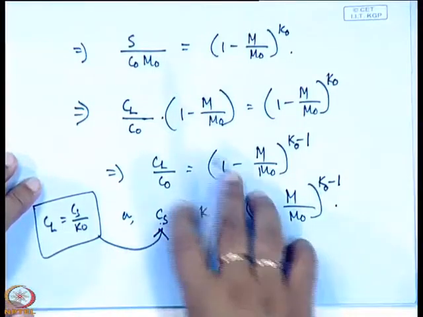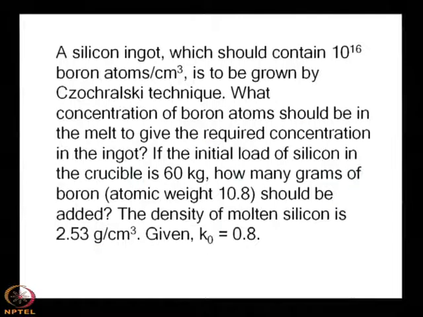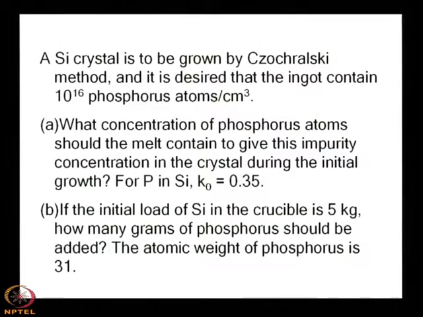Now, let us take one example. A silicon crystal is to be grown by Czochralski method, and it is desired that the ingot contain 10 to the power 16 phosphorus atoms per centimeter cube. What concentration of phosphorus atoms should the melt contain to give this impurity concentration in the crystal during the initial growth?